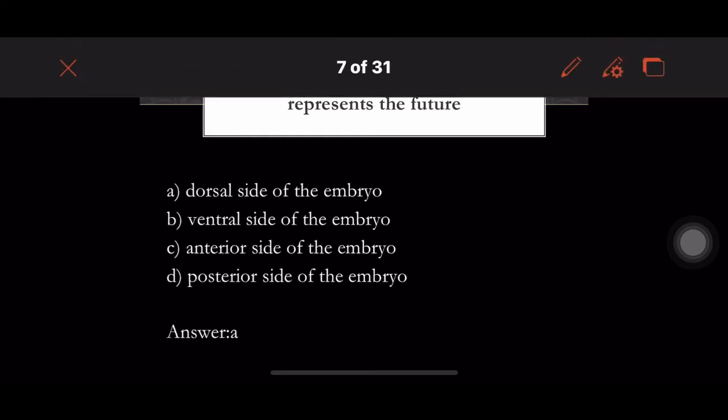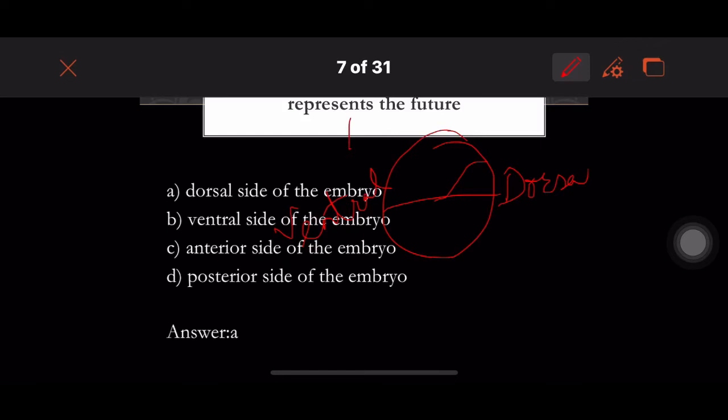Let me explain how it is. If this is the frog's egg, then as I told you, this is the grey crescent, and this side of the egg will become the dorsal side. Then the opposite end, or we can say the point of entry of the sperm, this area will become the ventral side, and the animal hemisphere side will become the anterior side, and the vegetal hemisphere side will become the posterior side.